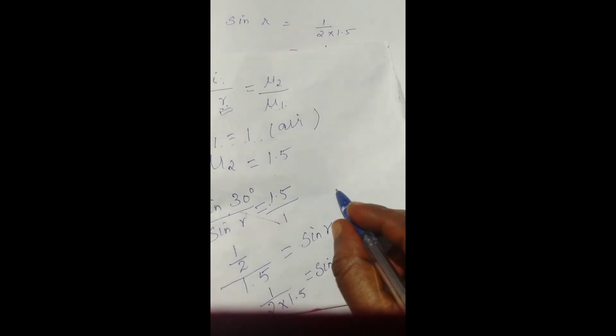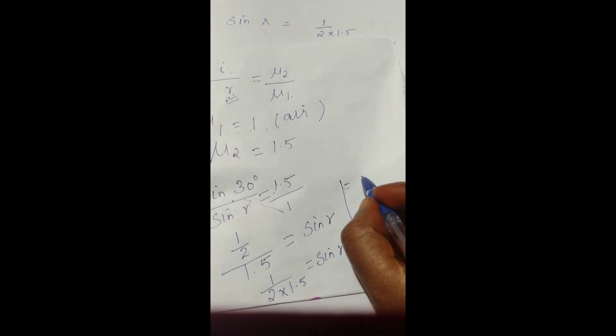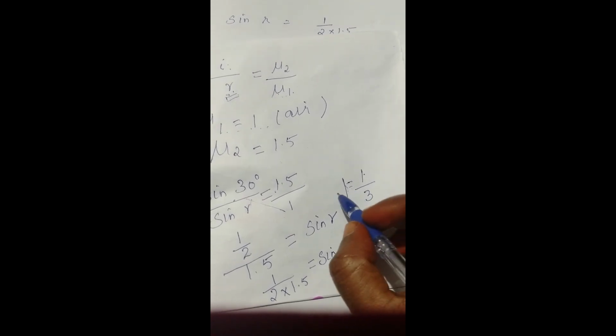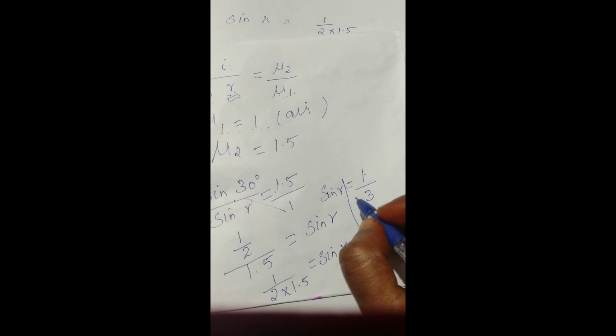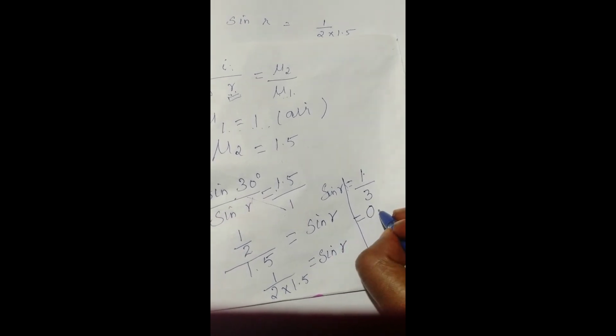So 1 by 2 into 1.5. So 2 into 1.5, what's the value? It is equal to 3. So now sin R is equal to 1 by 3, which you all know is 0.333.